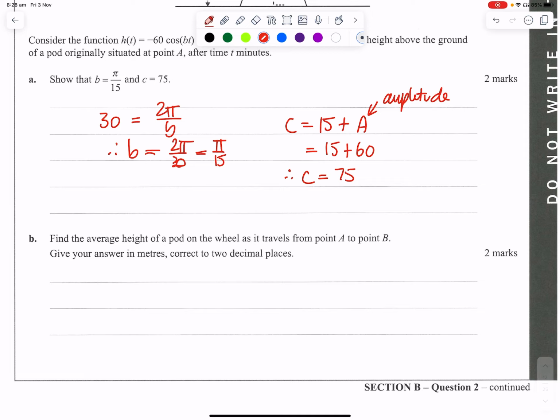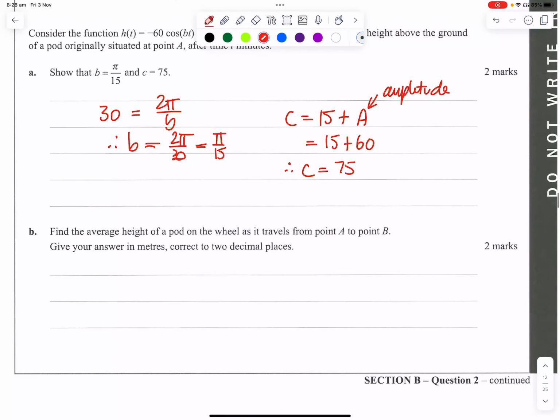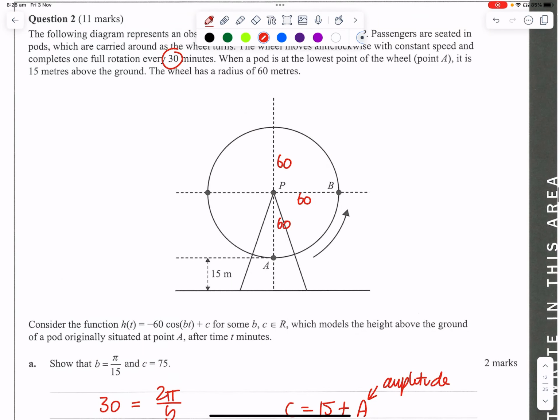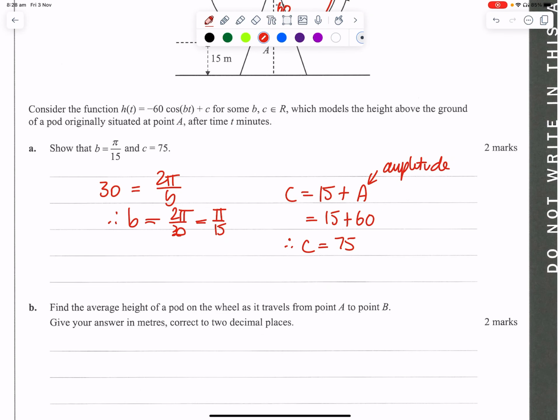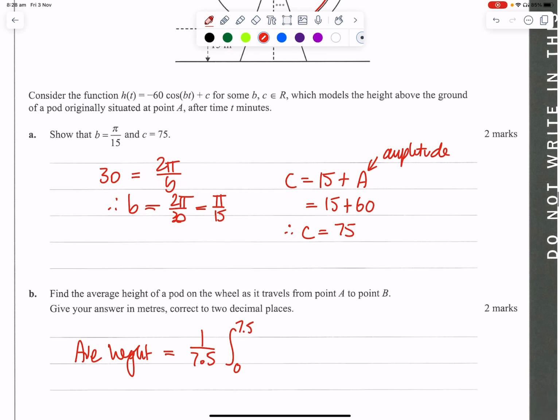Find the average height of the pod as it travels from the point A to B. Okay, so we know average height, average value. It's 1/4 of the circle. So if a full circle is 30, 1 on 7.5, from 0 to 7.5 of h of t dt.